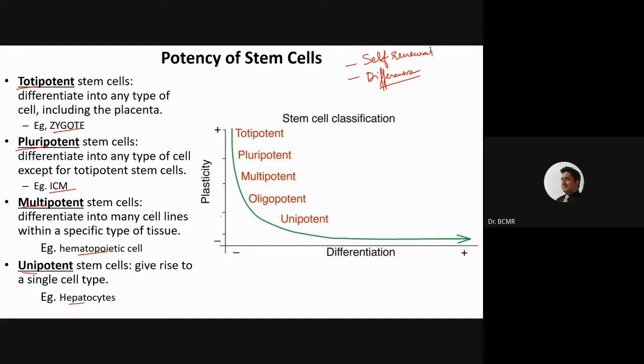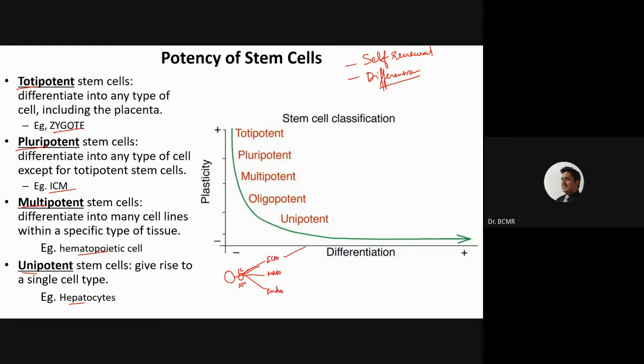Right. The goal of this slide is to understand how, over time, the zygote divides and becomes an ICM type cell. ICM gives rise to the primordial germ layers, which are ectoderm, mesoderm, and endoderm.